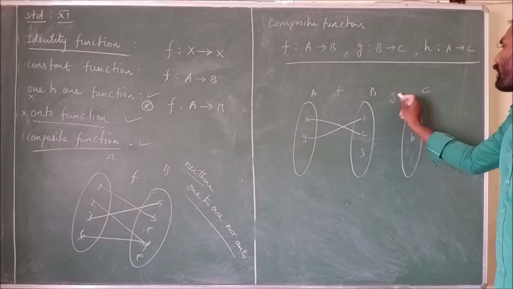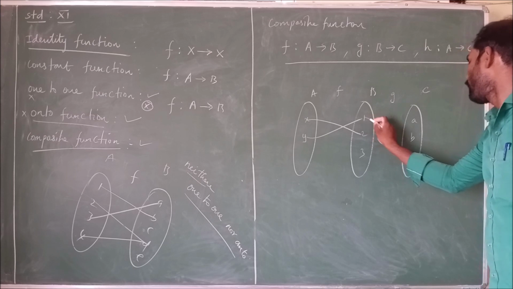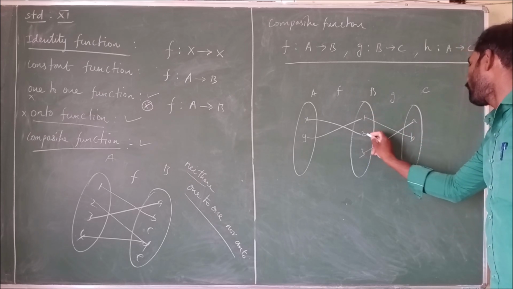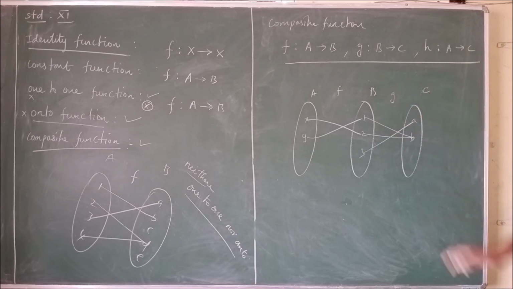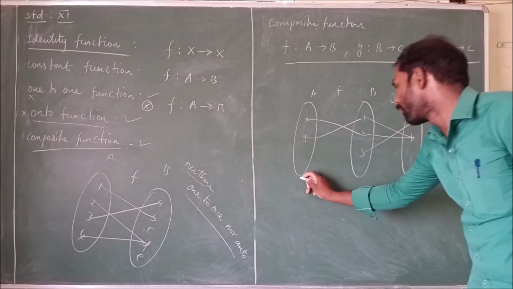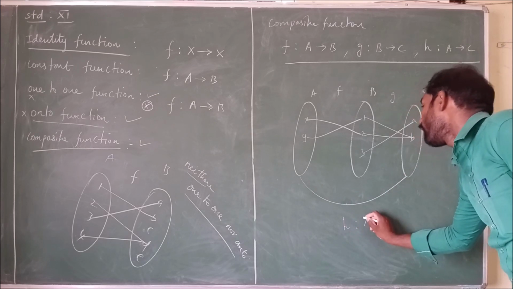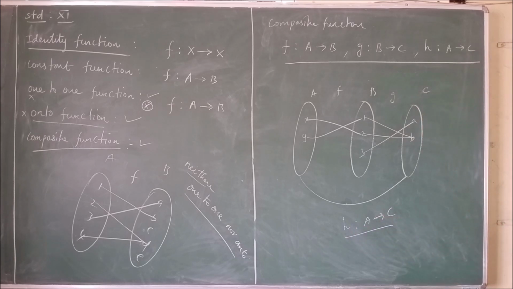G is the second function, a function from B to C. So 1 maps to B, 3 maps to A, 2 also maps to B. Then H is a function from A to C. So it is denoted by the composite function.